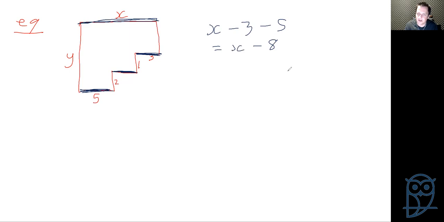It does not mean you can start cancelling stuff. If you've got an x there and an x there and you try to cancel them with this bit, and that with this bit, it will just leave you with that. Does that sound like right maths? I'm really hoping you're saying no, because no. So this side is then x minus 8.